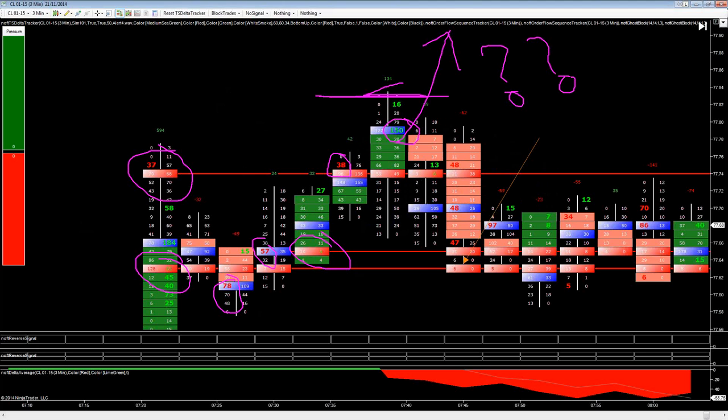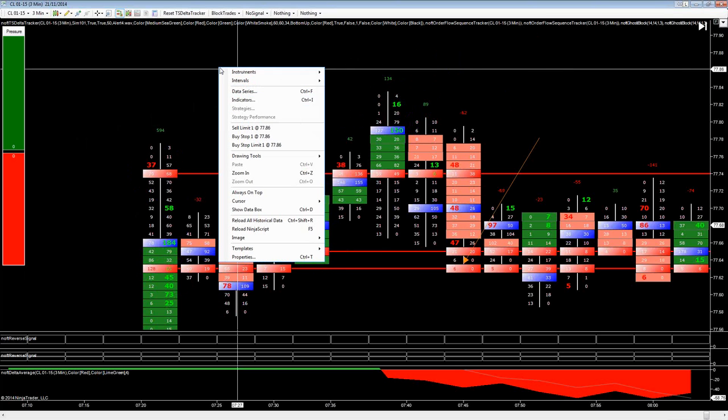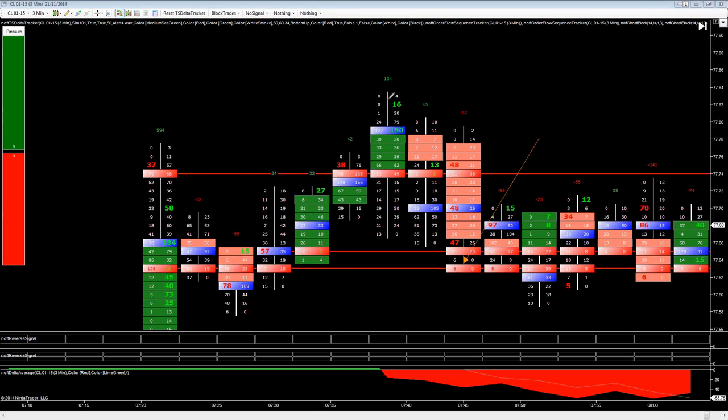Jay, can you tell where is the close or the open of the candle? Yes, you can. These are actually candlesticks, and all they are, they're just showing you the numbers inside. So what do we got? We got the wick. Here's the wick, this top candle here. There's the tail. There's the body.